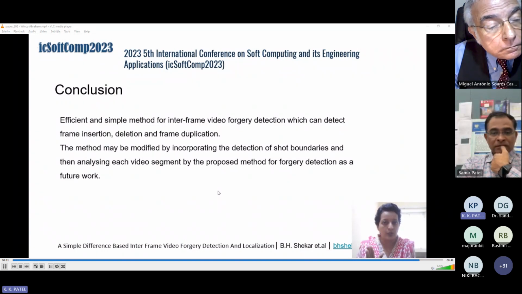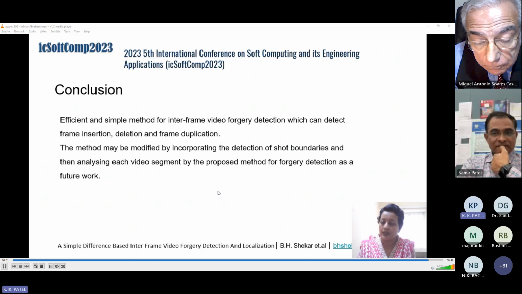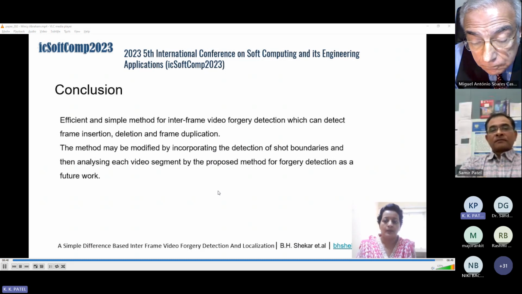So if you can find a shot boundary and distinguish between normal frames and a shot boundary, separating each shot individually and then applying this algorithm will improve the result. Thank you.